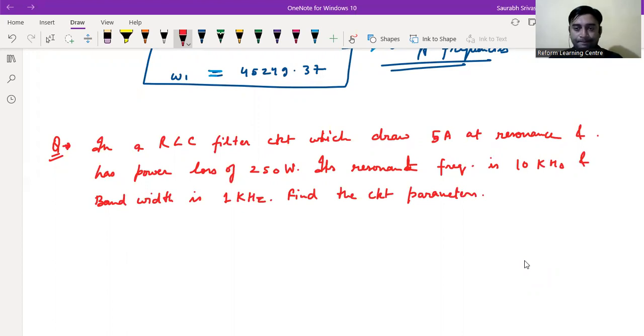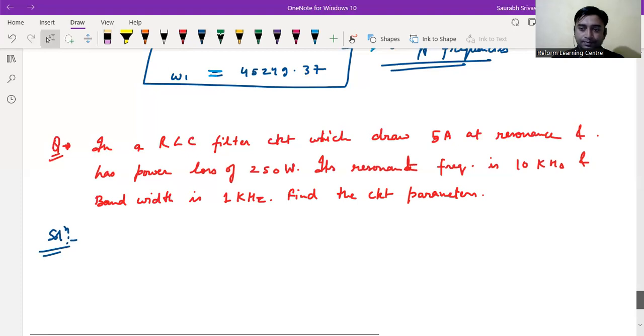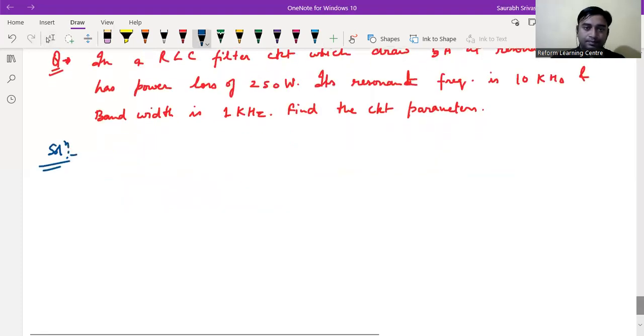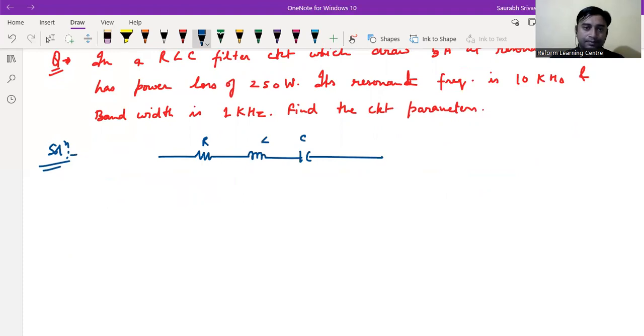Circuit parameter बताइए. ट्राई कर रहे हैं. सर रेजोनेंट फ्रीक्वेंसी मतलब ओमेगा होगा या एफ होगा? F0 हर्ट्ज दिया है ना.